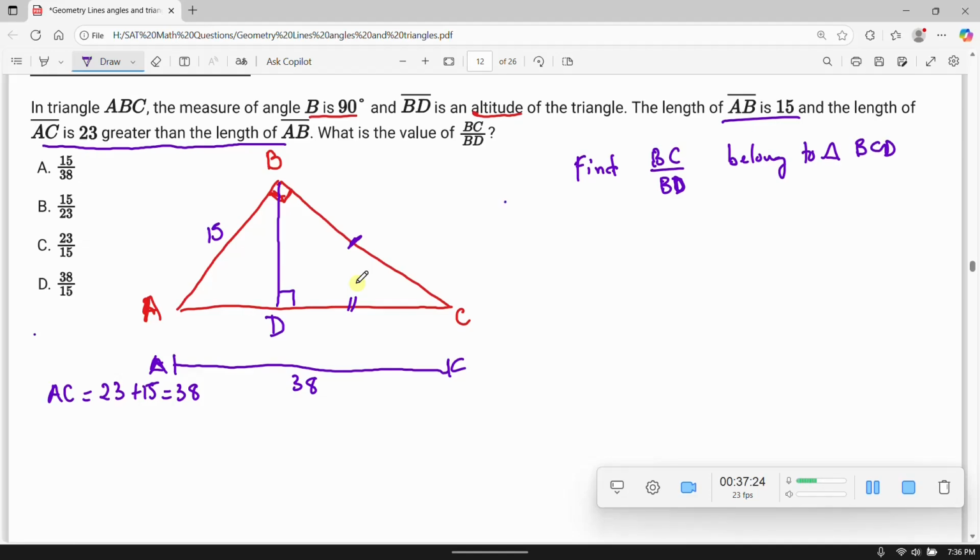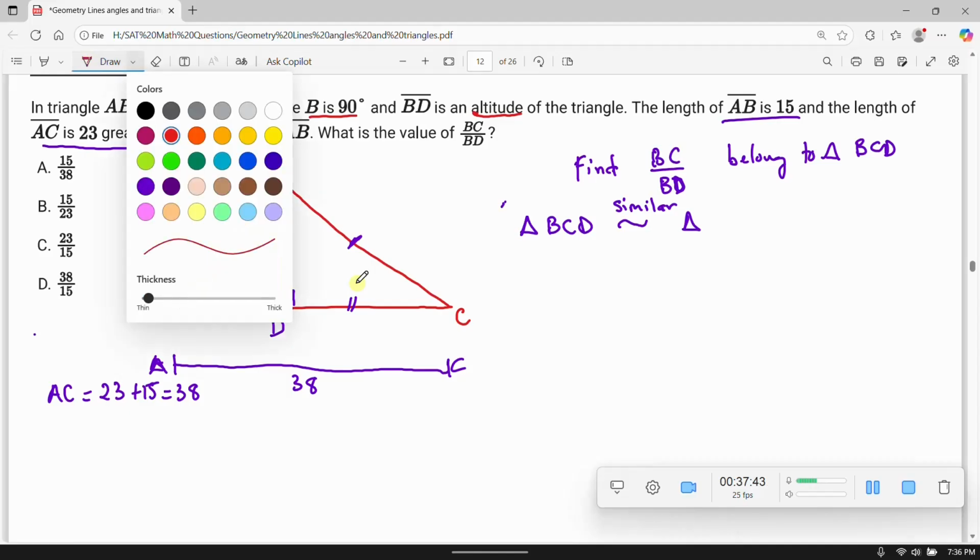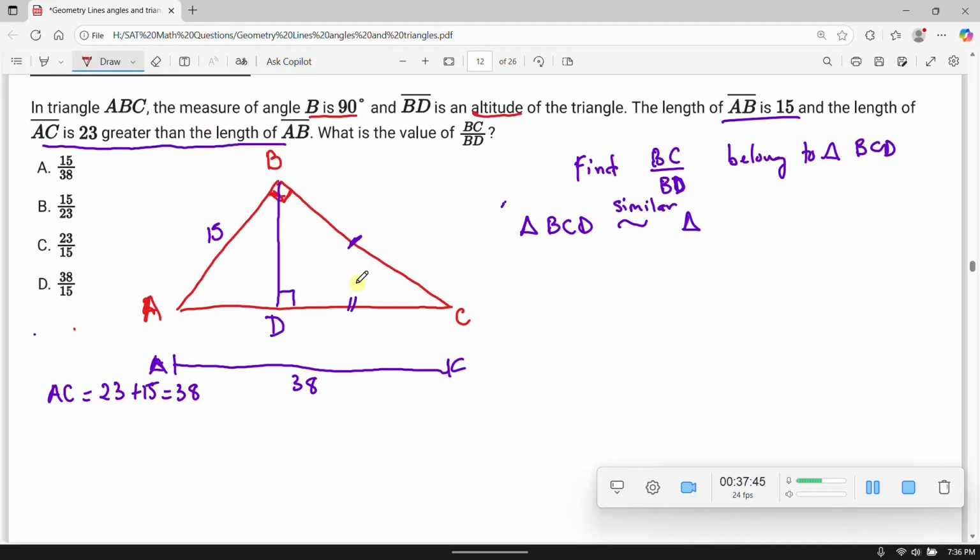So let's solve this. We have triangle BCD, which is similar to triangle ABC. They're not congruent, so this is called similar. Now be careful with this. So we have an angle D. This angle D in this triangle BCD is 90 degrees.